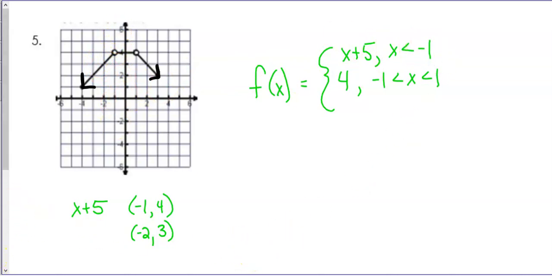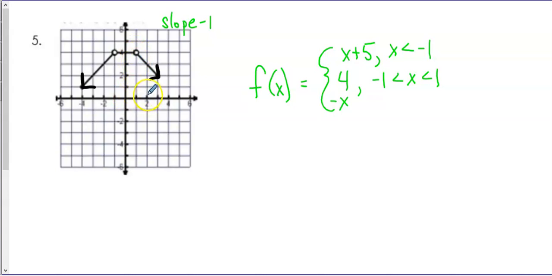Okay, so the last piece of this graph has a slope, I'm just going to make a note, slope negative 1. So that means I'm going to have a negative x here. Okay. All right, so let's see. At 1, the graph is 4.